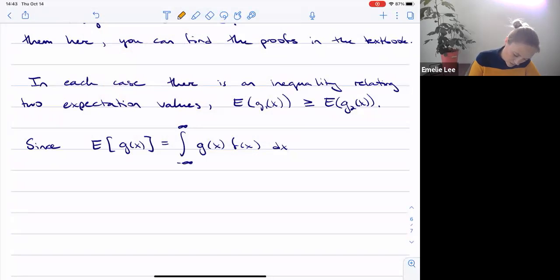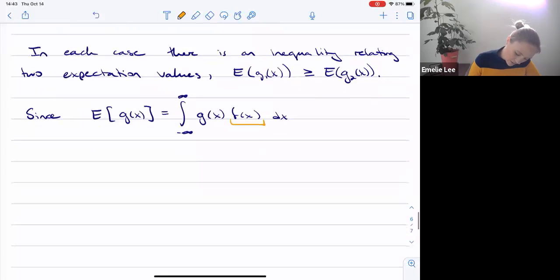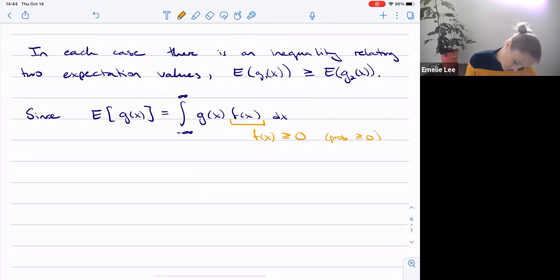Well, F of X is greater than or equal to 0. Why is that? Because it's a probability distribution function, right? And probabilities have to be between 0 and 1. And so it definitely has to be greater than or equal to 0.